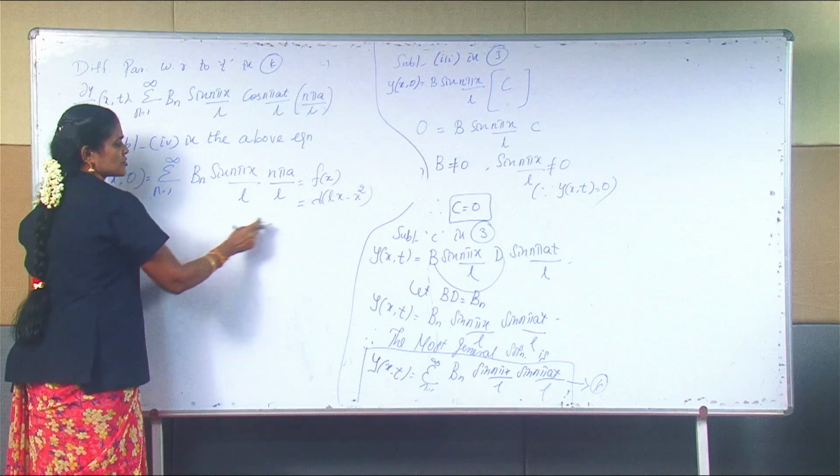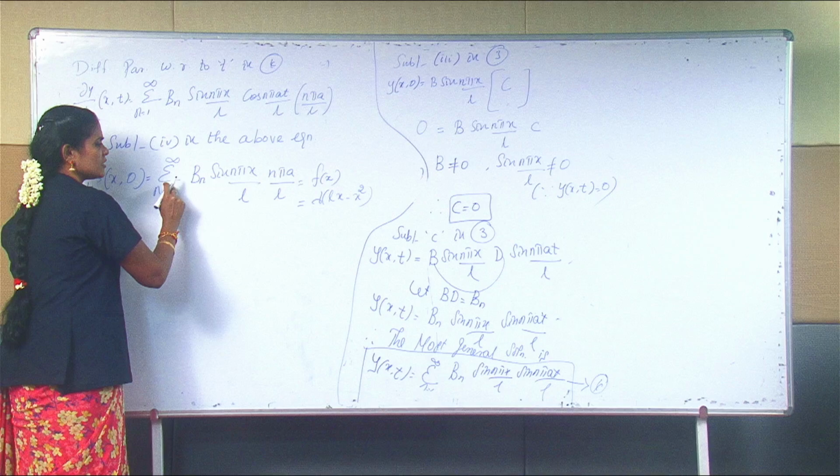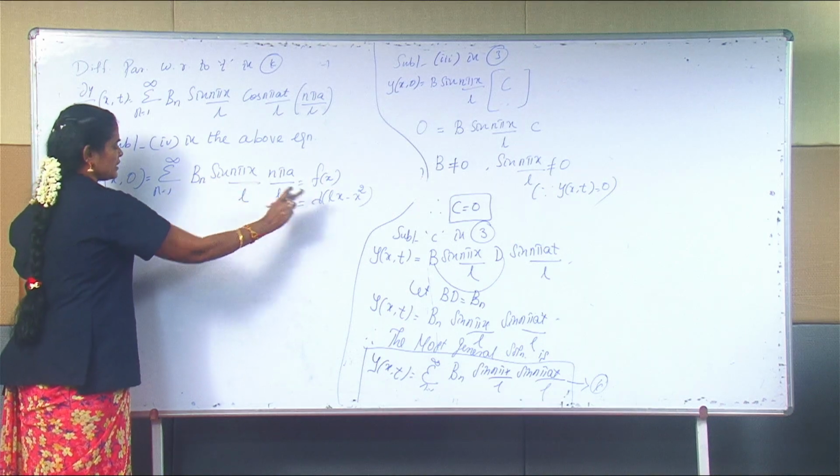We have to expand the function by using half range sine series, because you have to equate bn into sin n pi x by L to this function.